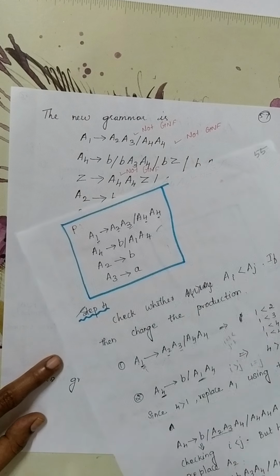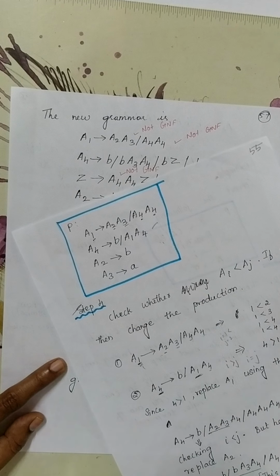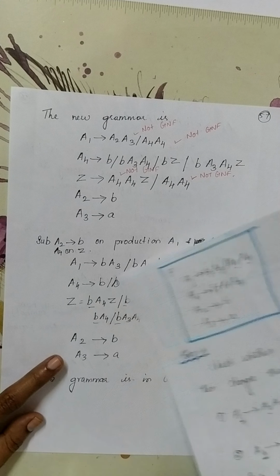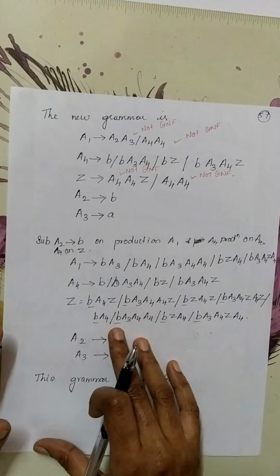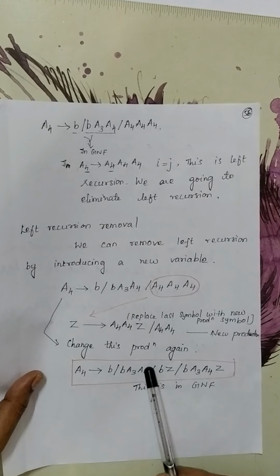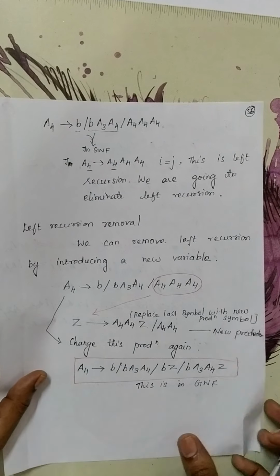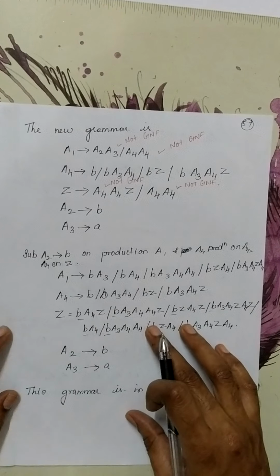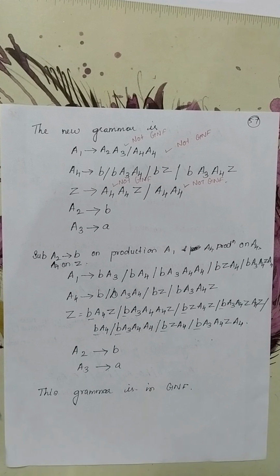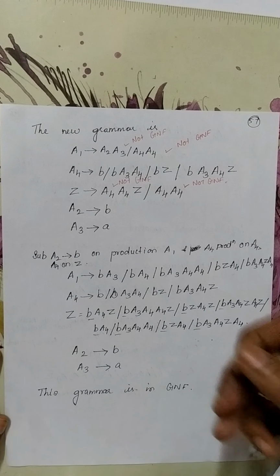That is our first production, and then this A4, that we got in the previous step after introducing the Z. So this A4 we are getting from here, and the Z is the new production that we have introduced, and then the remaining are the productions from the grammar.